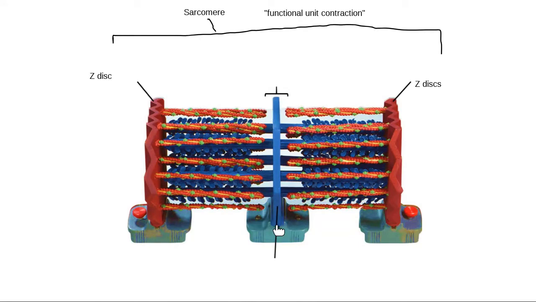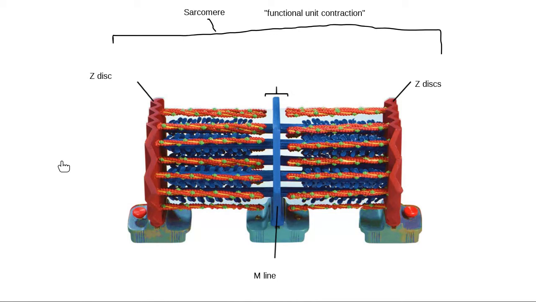It's proteins found in the middle of the sarcomere. The name of the proteins found in the middle of the sarcomere is called the M line. The M line in the middle of the sarcomere. So this line of proteins in the very middle is the M line. My zigzagging proteins on either side are called the Z-discs.